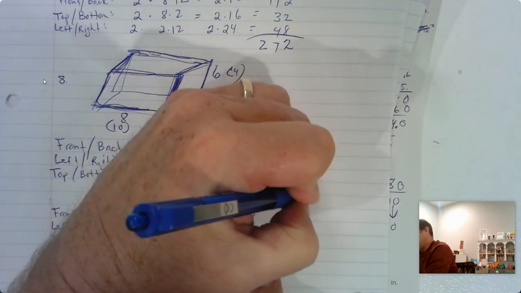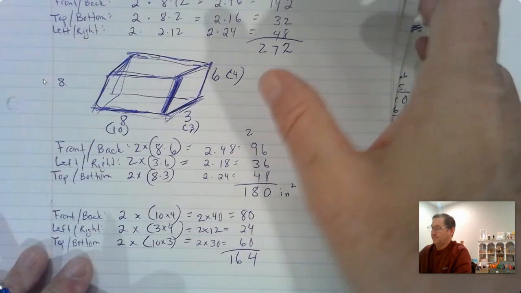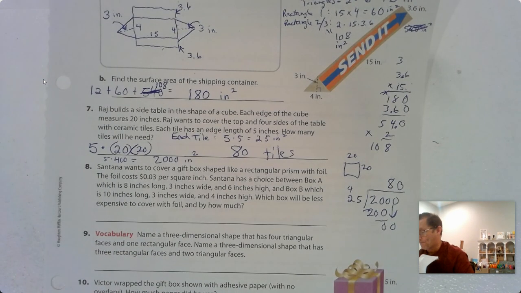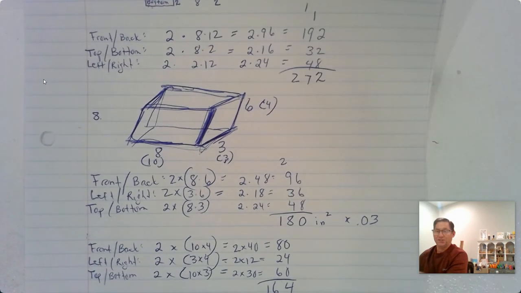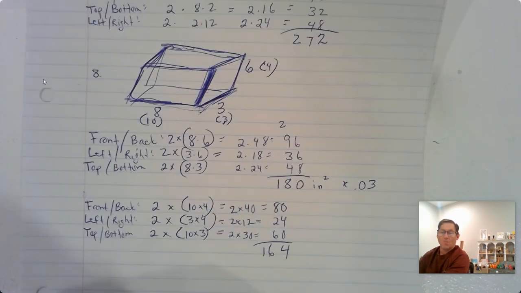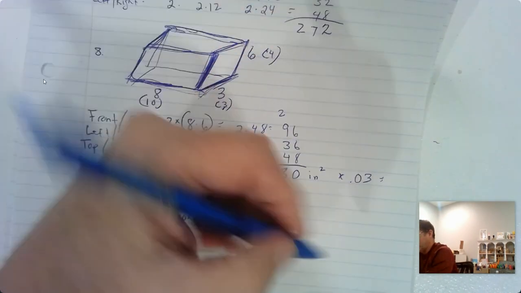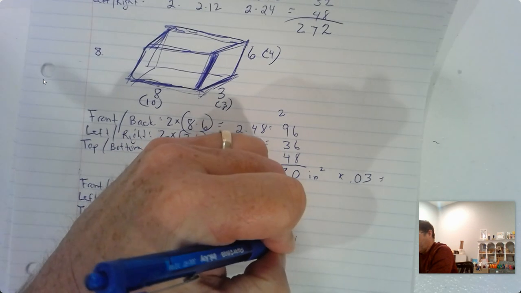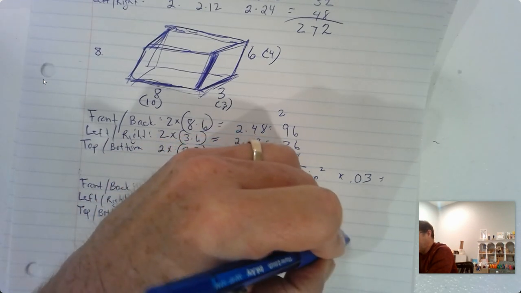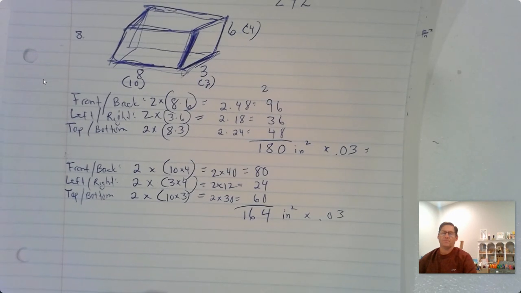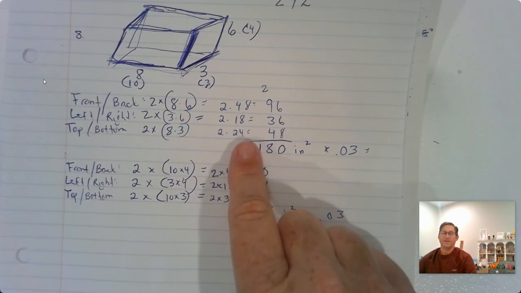They said that the foil costs 3 cents per square inch. And they want to know how much more box A is than box B. So we could do 180 times 0.03 and 165 times 0.03. But couldn't I just subtract the difference between them?